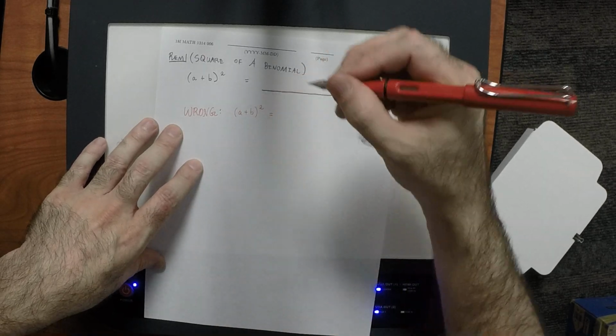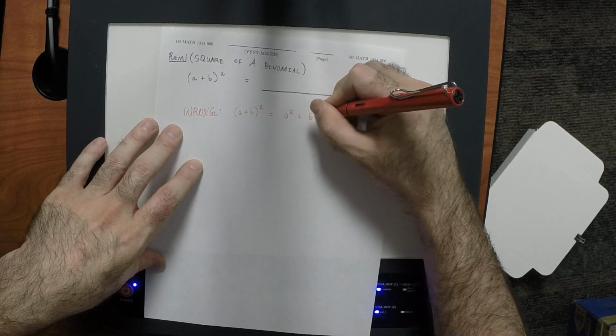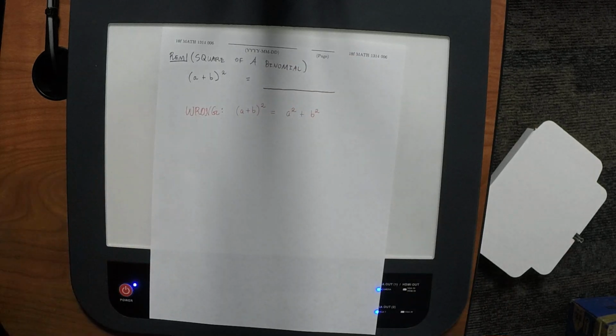They say, well, it should be a squared plus b squared. That's the most common wrong answer. Now, it kind of makes a certain amount of sense. It's wrong, but it makes a certain amount of sense because of the following.